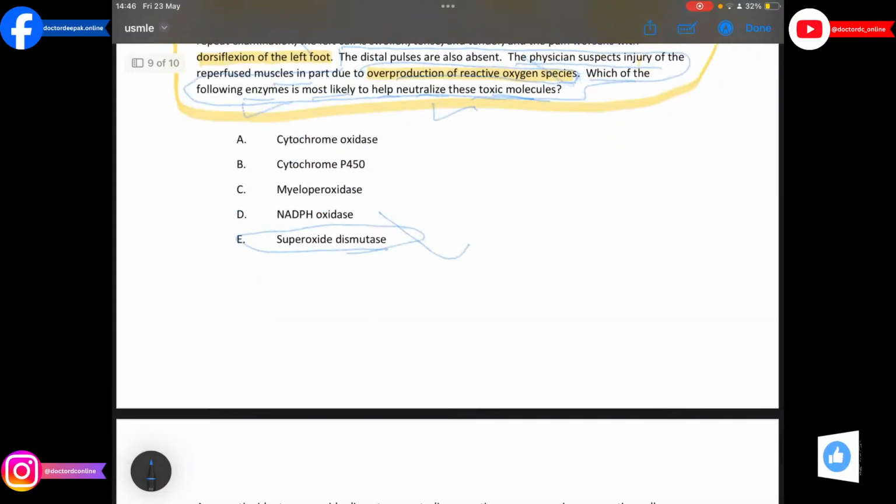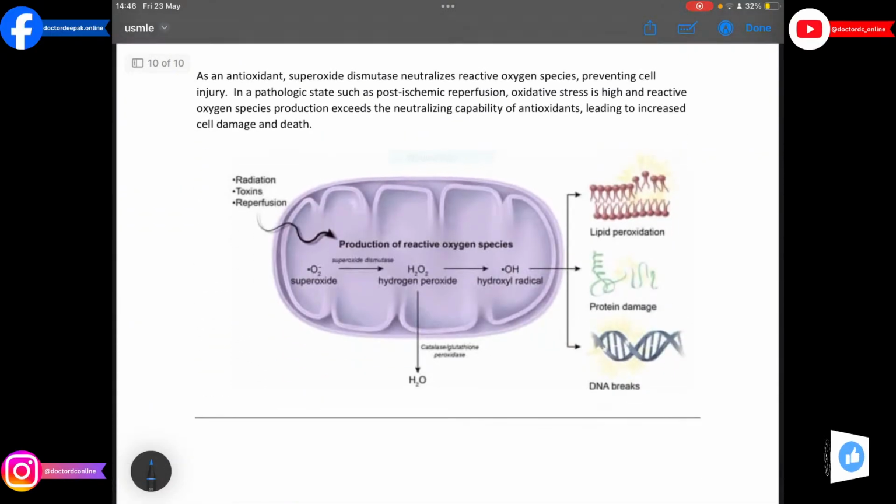I also have one diagram with me. If any radiation, toxin, or reperfusion is happening, there will be production of reactive oxygen species. This superoxide is converted into hydrogen peroxide by the help of superoxide dismutase, and this will be neutralized into water by the help of catalase or glutathione peroxidase.